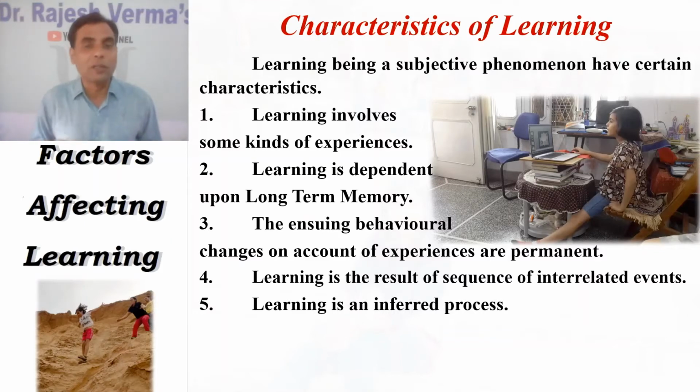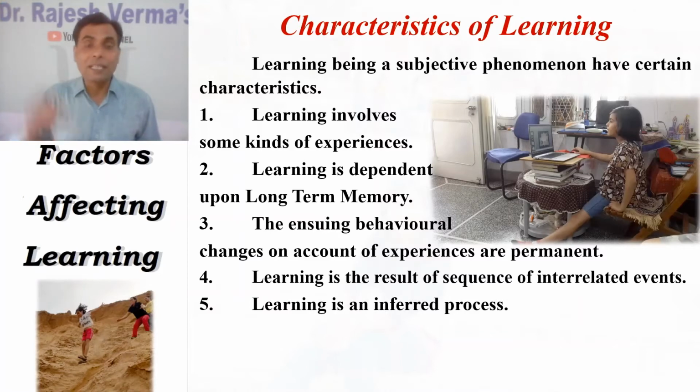The exact thing we do not learn. If there is some event occurring or some phenomenon, we do not learn each and every aspect of that event. What we learn is what has been inferred from that phenomenon or event, because that creates the experience in you, that changes your behavior permanently, not the whole process.